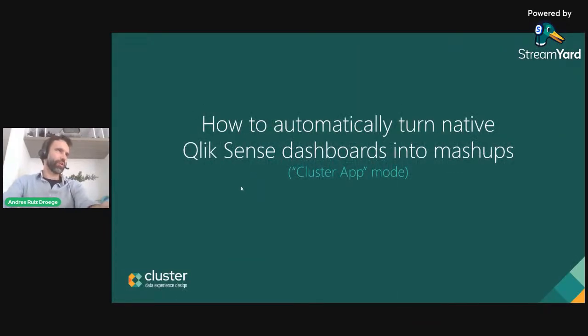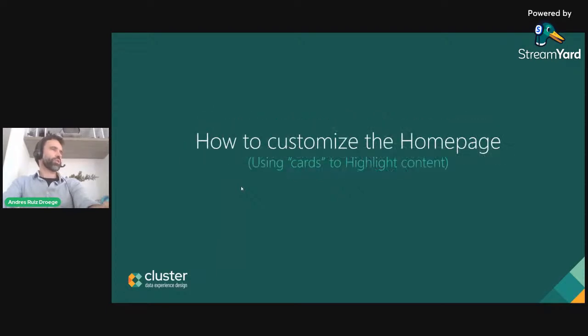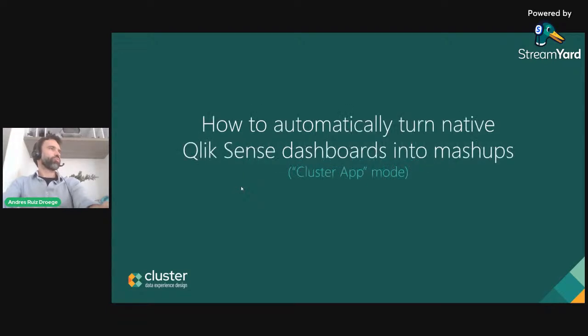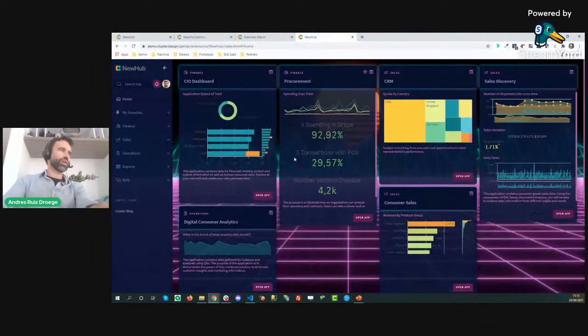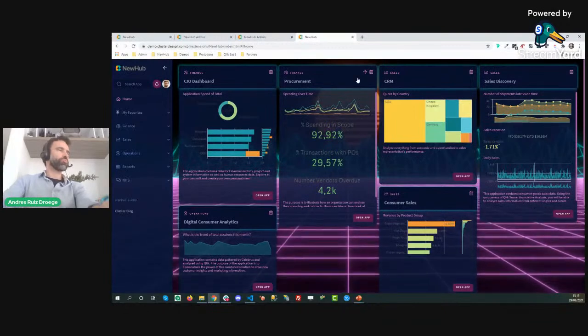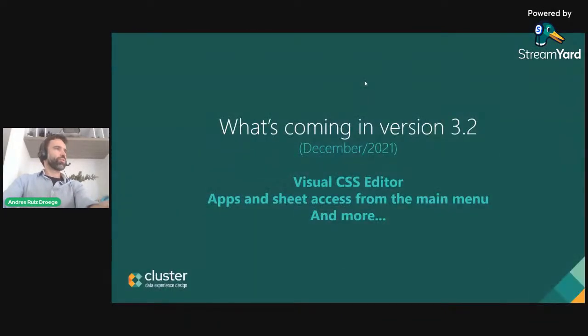So we've gone through a bunch of content here: how to install NewHub, how to customize the homepage. We've seen how to turn your native Qlik applications automatically into mashups. And then I want to briefly go into what's in the future, with our futuristic theme at the same time. So for December 2021, we want to have a visual CSS editor.